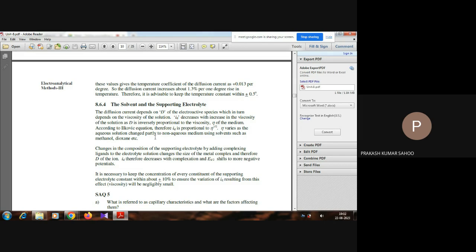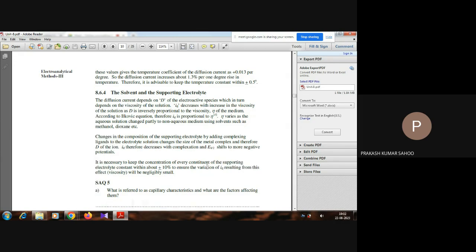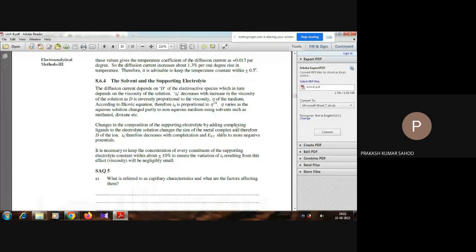Changing the composition of the supporting electrolyte by adding a complexing agent like EDTA changes the size of the metal complex, therefore D of the ion decreases.